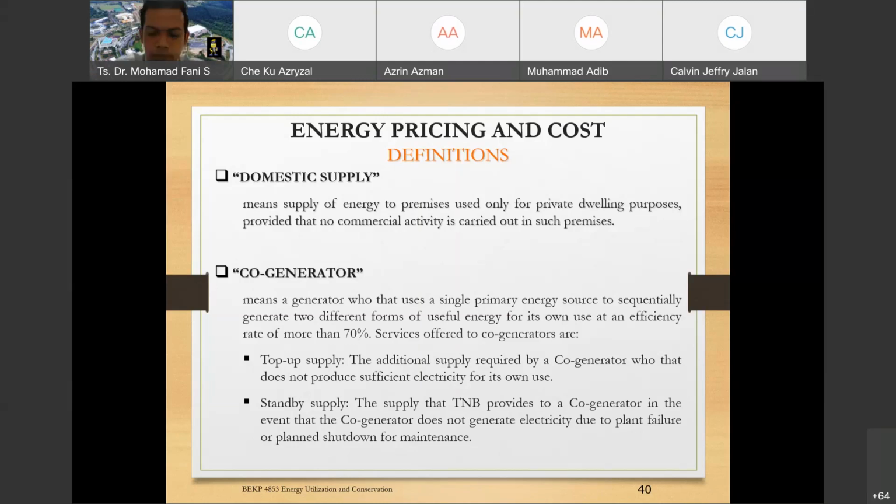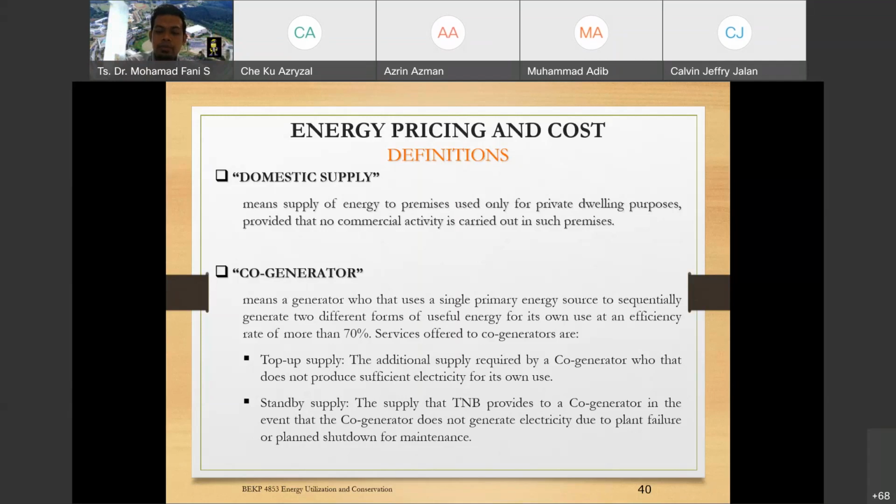electricity plant failure. For example, a manufacturer has their own generator to generate electricity from waste, oil palm, for example, or oil palm manufacturing. They have their own generator from the waste they process to generate electricity, and suddenly the plant fails and the output of the materials to generate the electricity from the waste cannot be supplied because of the plant failure, the process stops.